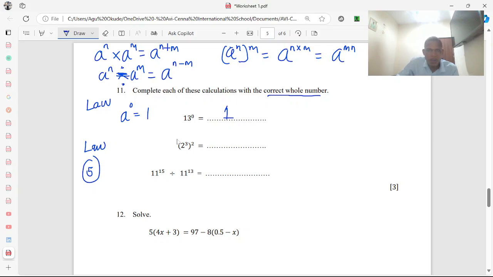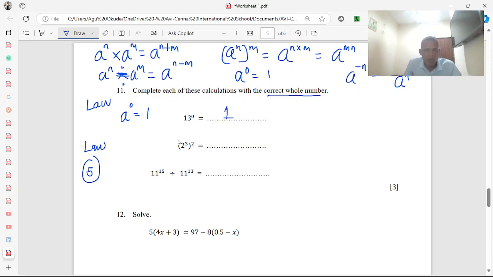Then the fourth law is a to the power of 0, which is 1, of course. Then the fifth law is like this: if you have a to the power of negative n, since I have a minus, you write 1 over a to the power of n. So these are the 5 laws of indices that you should know for your checkpoint exam.